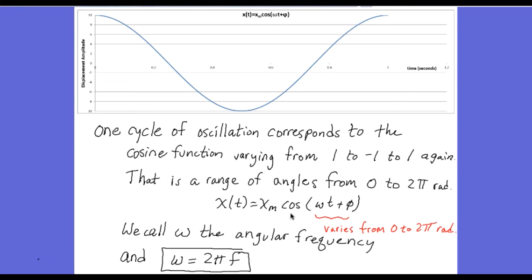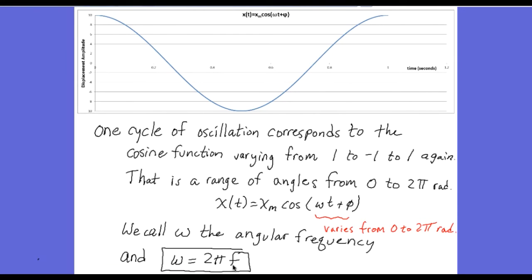And we know that for that to happen in the cosine function, this angle in radians inside the parentheses must vary from 0 to 2 pi radians. So for every oscillatory cycle, the angle that we take the cosine of goes from 0 to 2 pi. So for every cycle, we have 2 pi radians.